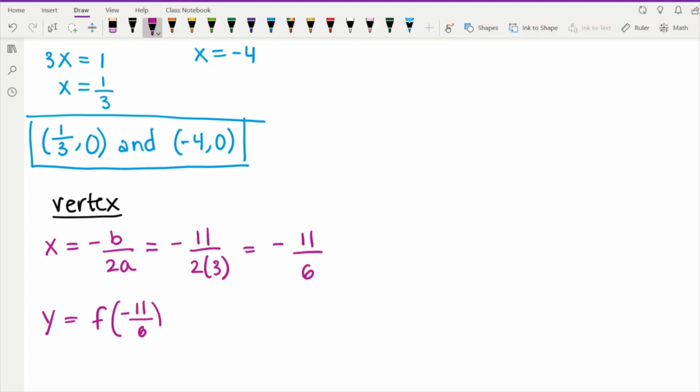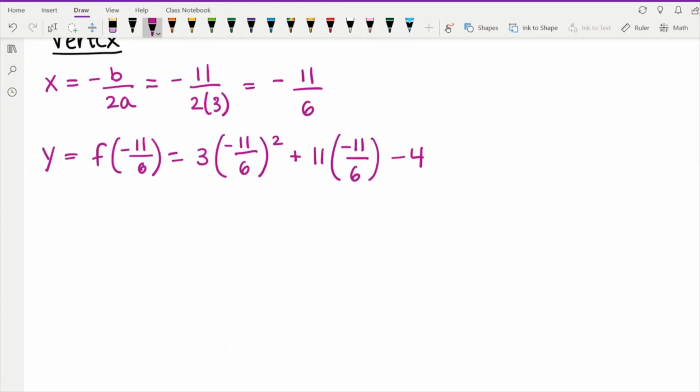This is going to be some slightly annoying algebra, or arithmetic, but we're just going to plug -11 over 6 into the function. And by the way, I do expect you to be able to write your answer as a fraction. I don't care if you use a calculator, I would love if you could do it by hand, but your calculator has to give your answer as a fraction. I'm not going to accept decimal answers on these types of questions unless I'm asking you to round.